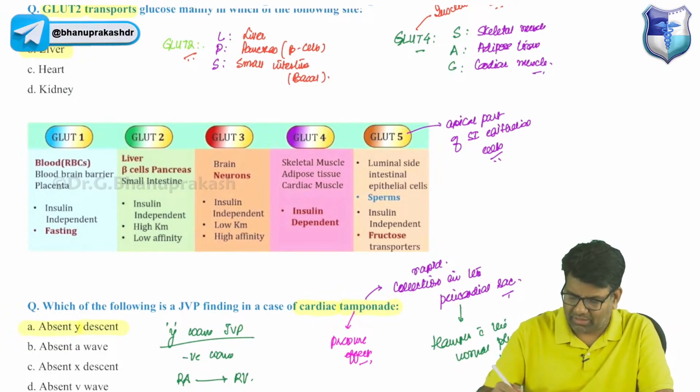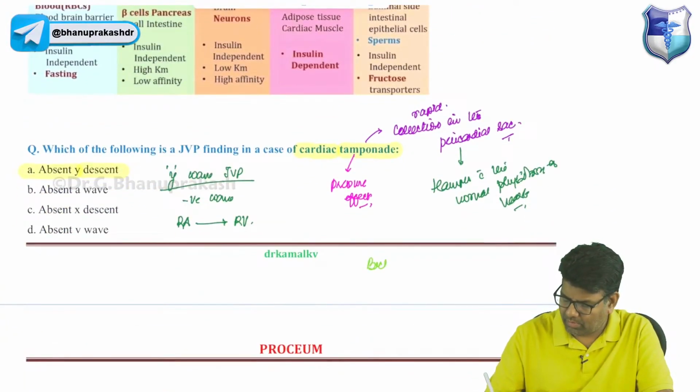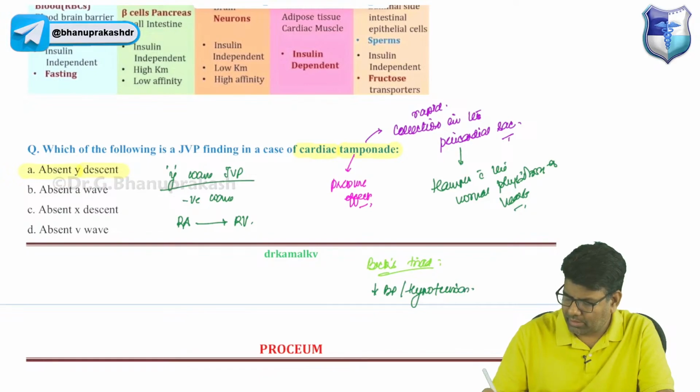Of course, Beck's triad is there, right? One is low blood pressure, and second is muffled heart sounds.